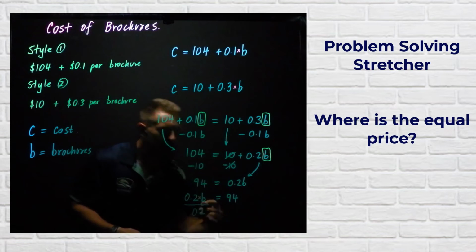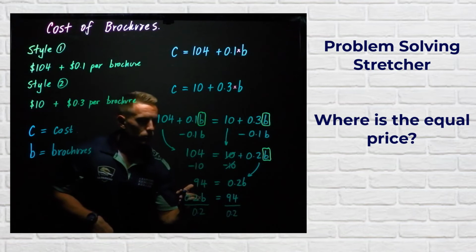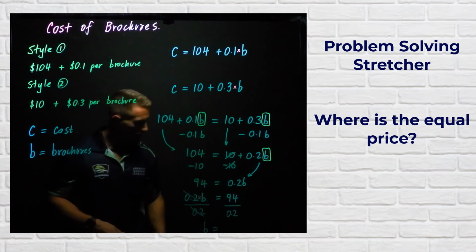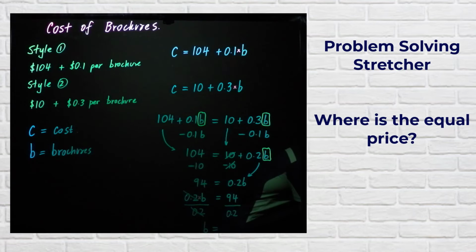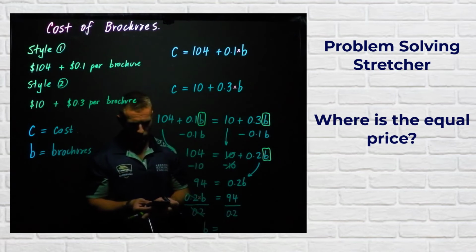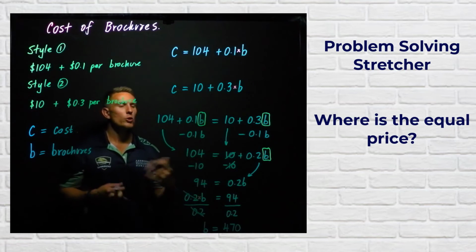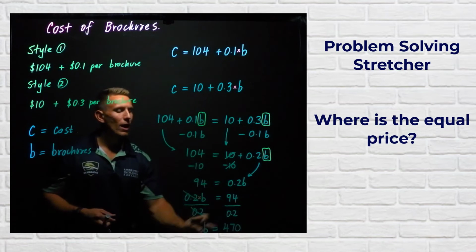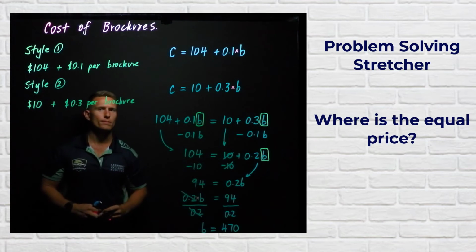What we do to one side, we have to do to the other side. These will cancel, and we're left with b equals 94 divided by 0.2, which is 470. So in order for the cost to be the same, they will have to sell 470 brochures. Cool.